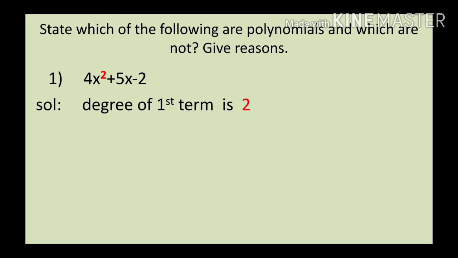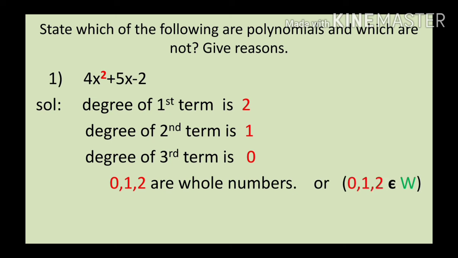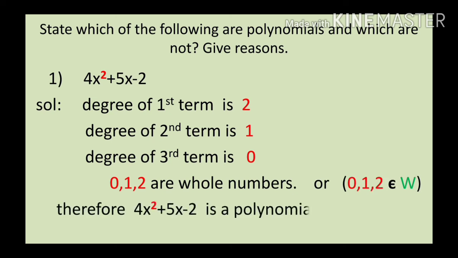The second term is 5x, degree is 1 because the power of x is 1. The third term is 2, there is no variable, therefore the degree is 0. 0, 1 and 2 are whole numbers. In mathematical symbols, 0, 1, 2 belong to W. So the given expression is a polynomial.